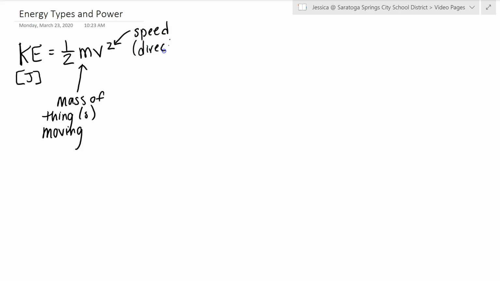So the mass here, remember, is the mass of the thing, or if there's multiple things moving. And the V here is just the velocity, or rather the speed, okay, because direction does not matter.